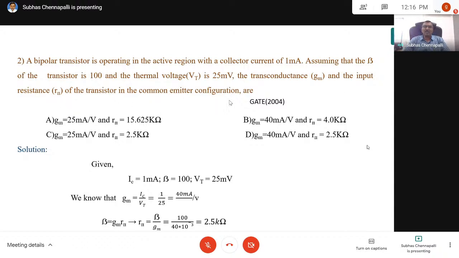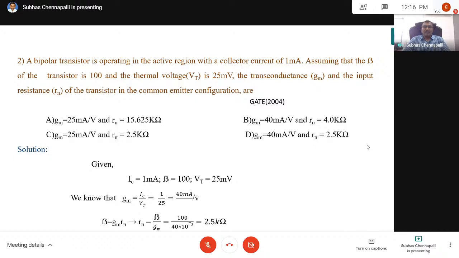For a transistor in common emitter configuration, IC is given as 1 milliampere, beta is 100, VT is 25 millivolts. The GM formula is IC by VT. IC is 1 milliampere, VT is 25 millivolts, so that becomes 40 milliamperes per volt, your transconductance.